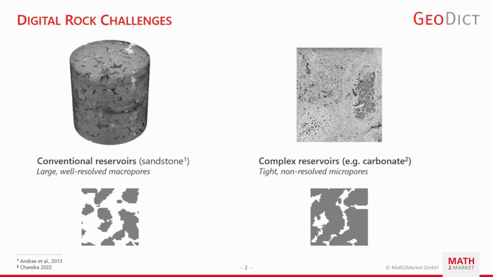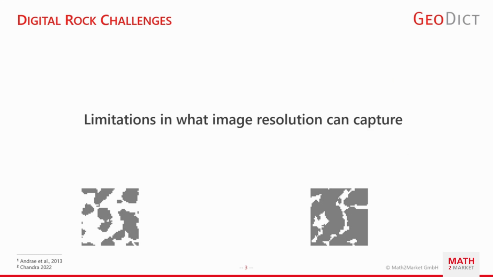In some other cases, such as more complex reservoirs, such as carbonates or shales, you can have much less of the resolution captured in your images due to the pores being in sub-resolution size. And in that case, the possible computations are highly affected by the resolution you have and what the resolution can capture.